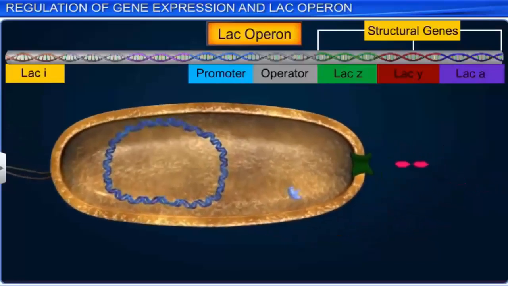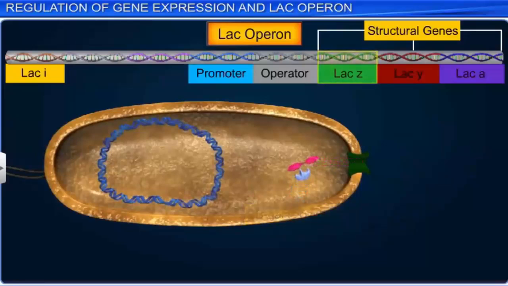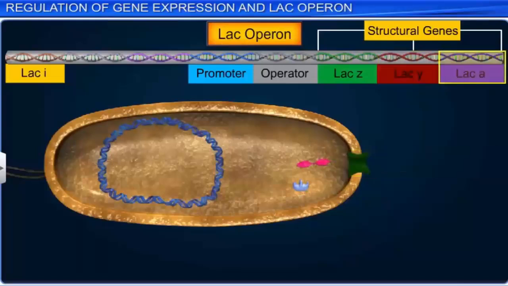The lac Z gene codes for beta-galactosidase, which hydrolyzes lactose into galactose and glucose. The lac Y gene codes for permease, which increases the permeability of the cell to lactose, while the lac A gene codes for trans-acetylase, whose function is unknown.